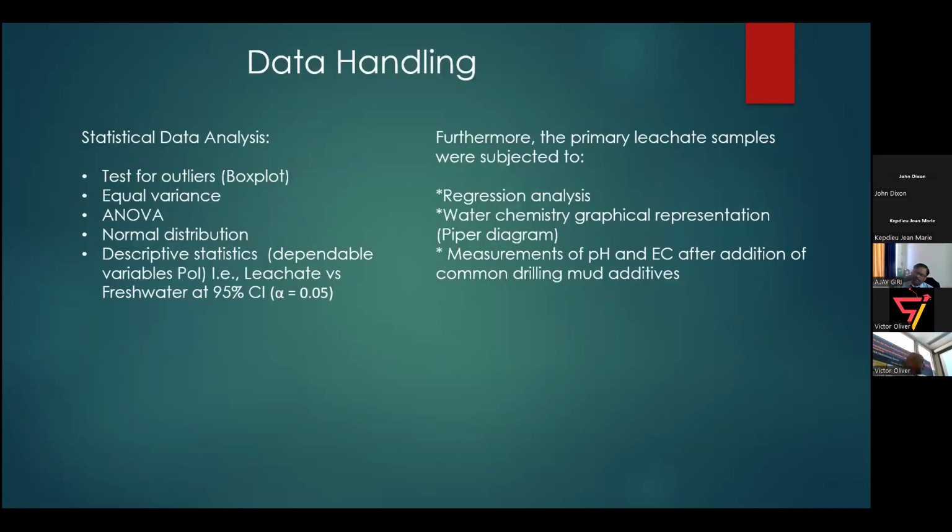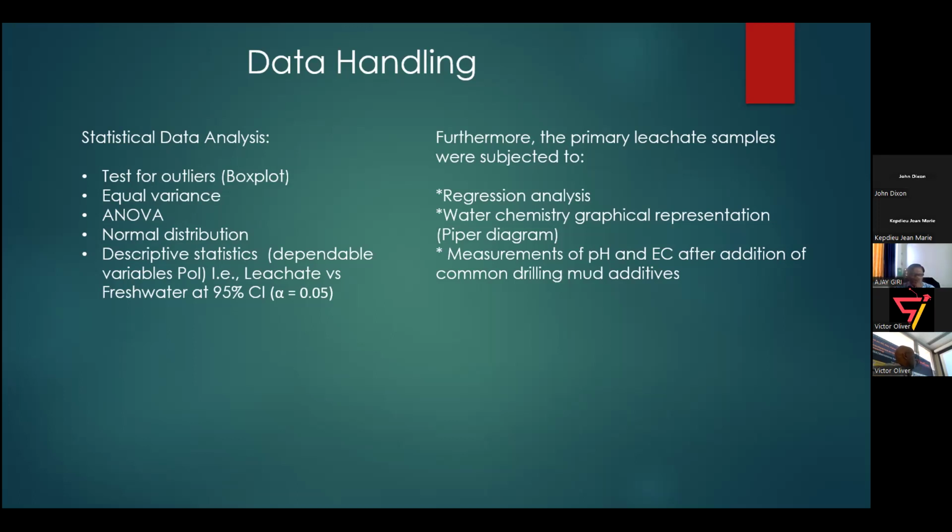What are some of the statistical analyses that we performed? We looked for outliers, box plots, equal variance, ANOVA analysis, which are very typical, and descriptive statistics. We used the parameter of interest as our dependent variable.